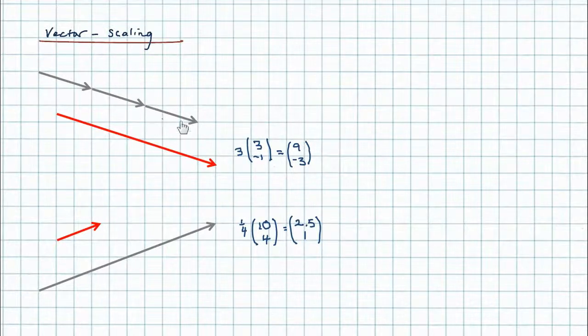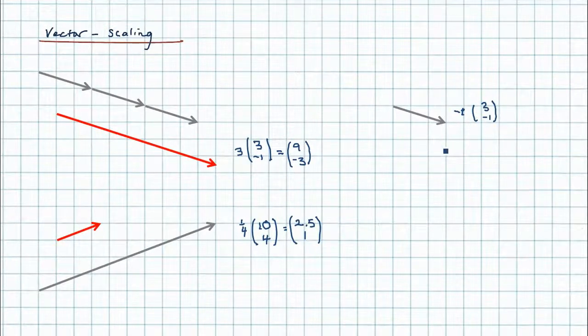So let's take the same vector that we had here, 3 along, 1 down, and this time I'm going to think about multiplying by, well, let's just start with -1. So -1 times 3, -1. Okay, so that should be a 1.